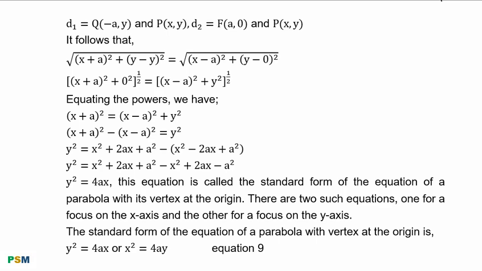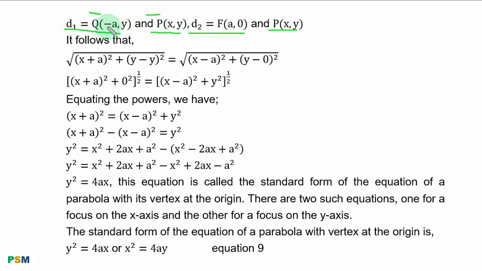Considering figure 6 above, D1 is the distance between point Q and point P. D2 is the distance between point F and point P. Using the distance between 2 points formula, combining points Q and P, this is x2, you have y2.